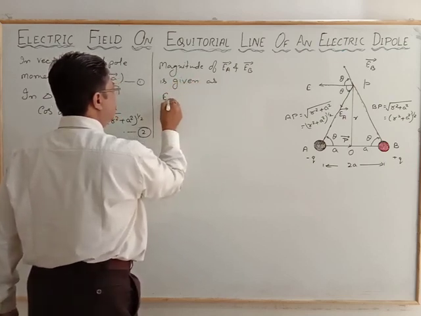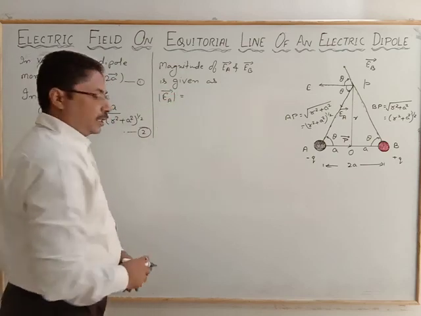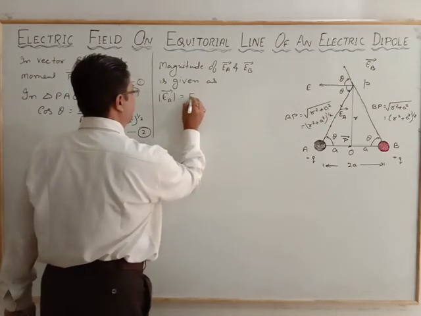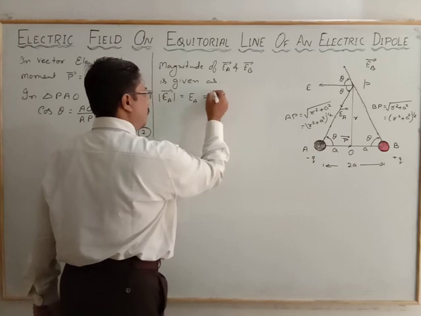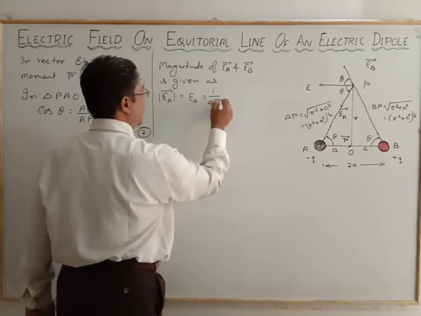EA vector mod becomes the magnitude, so we remove the mod and vector and simply write the magnitude EA, which is equal to 1 by 4 pi epsilon naught.